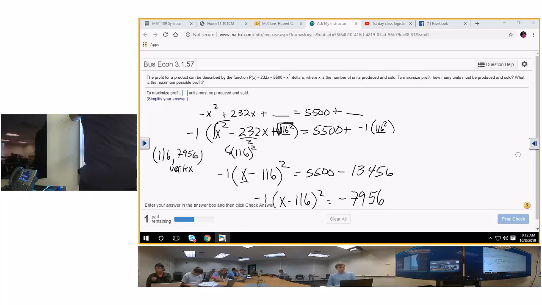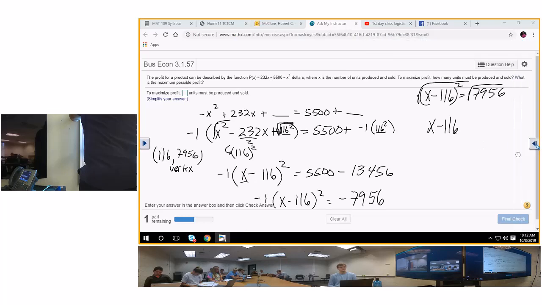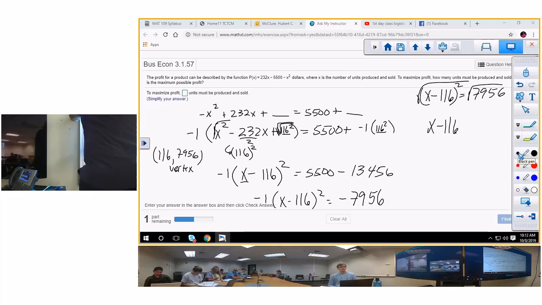All right, so let's find the x-intercepts. So negative 1 times x minus 116 quantity squared is equal to 7956. Somebody, that's 116, right? The square root of 7956? No, it's not. What is it? Somebody tell me what it is. And yes, you need to use your calculator because you're not Rain Man. 89.196.